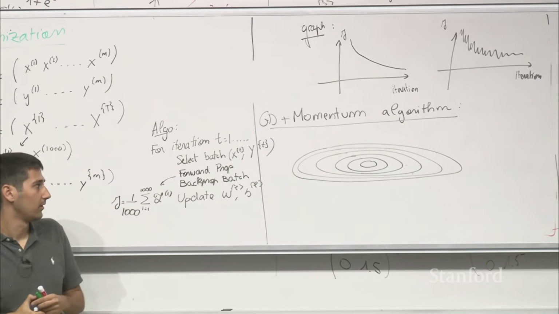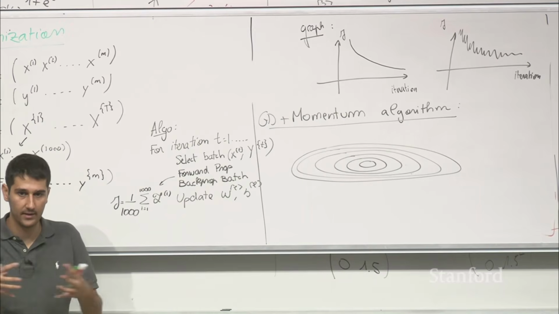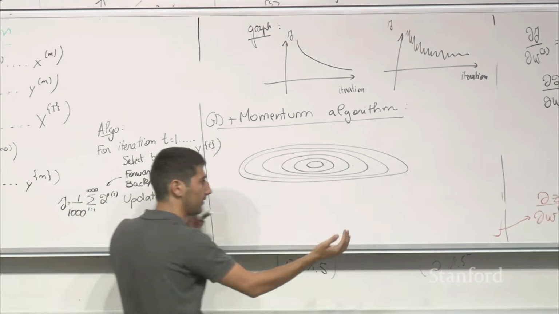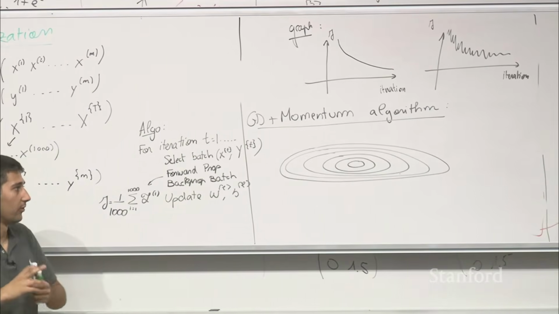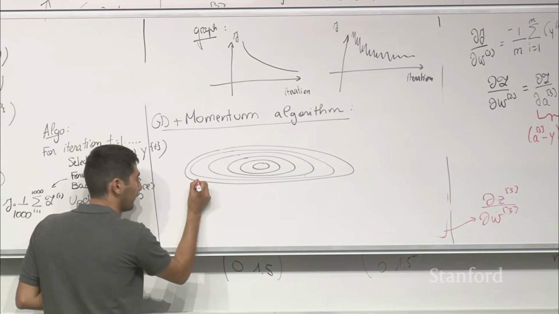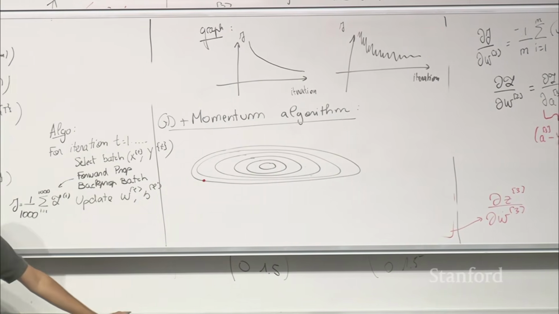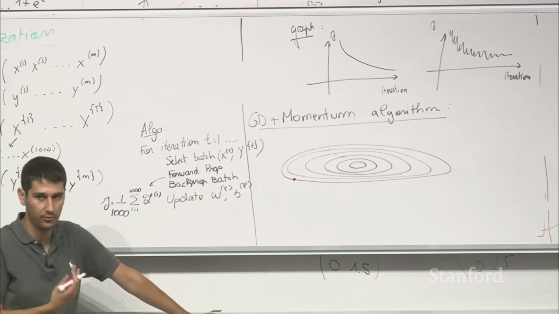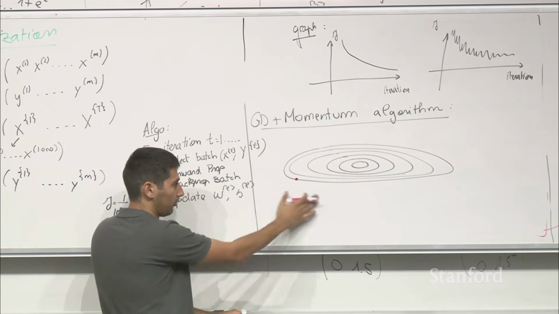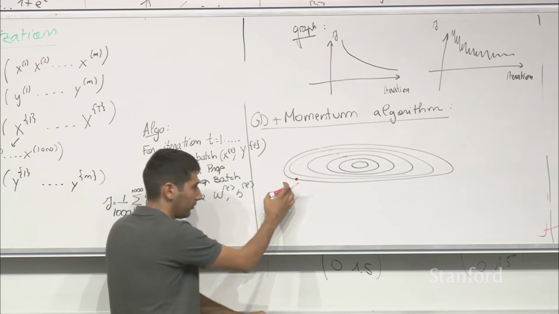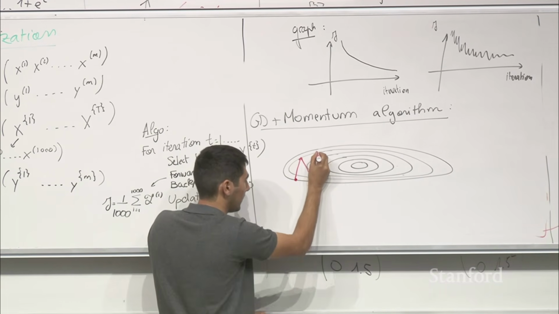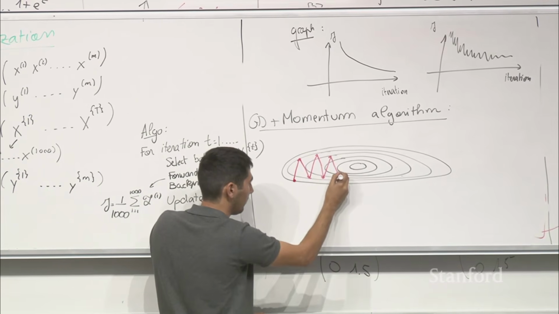Assume you have a loss that is very extended in one direction. So this direction is very extended, and the other one is smaller. You're starting at a point like this one. Your gradient descent algorithm itself is going to follow the following path. It's going to be orthogonal to the current contour, isotherm contour loss. It's going to go there, and then there, and then there, and so on.